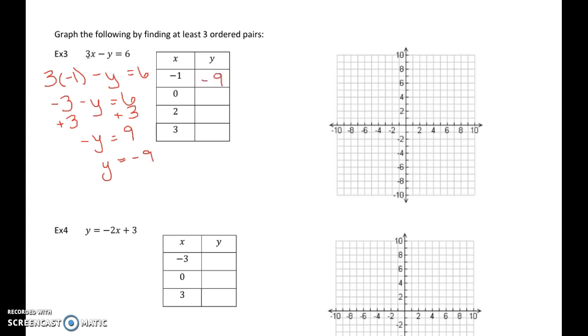If I plug in 0 for x, it should get negative 6 for y. If I plug in 2 for x, I should get 0 for y. And again, you can just work it out. If I plug in 3 for x, I should get positive 3. I'm just kind of working these out in my head. 9, you move it over, yeah, you should get positive 3. So you can work them each out, solve for your y's.